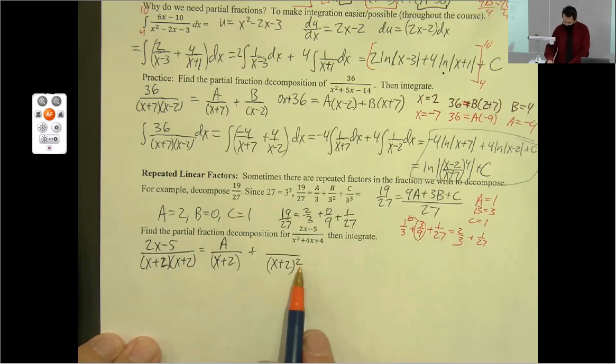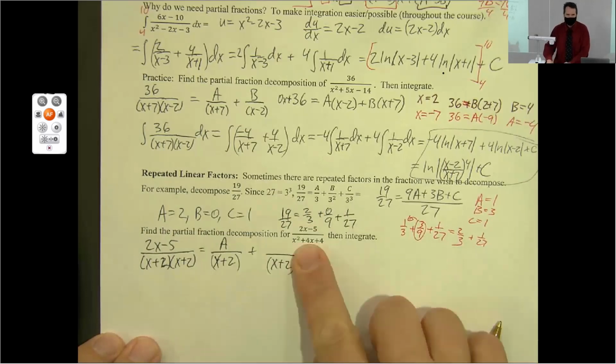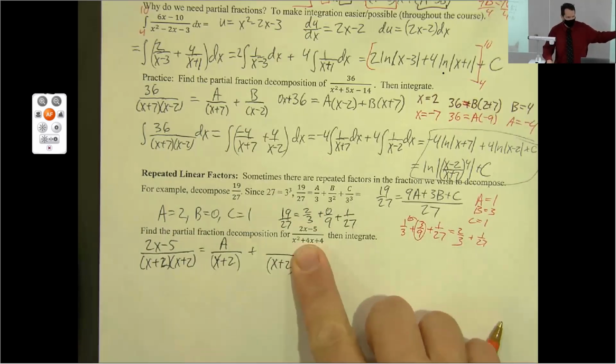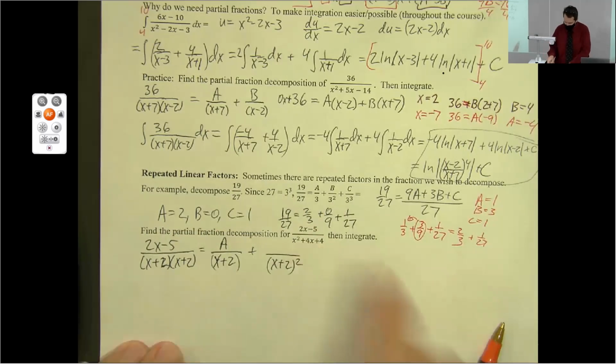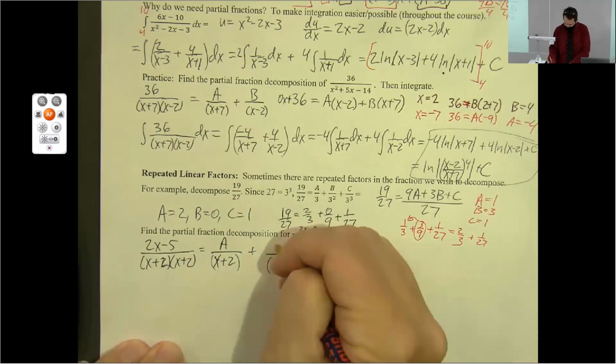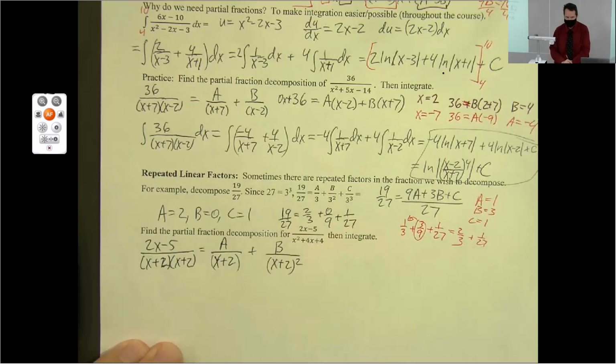But the factor itself, even though it was repeated, is linear. So the top is going to be a constant as well. So don't get tricked there either. In a couple more examples, we'll see a couple other things that we need to watch out for.